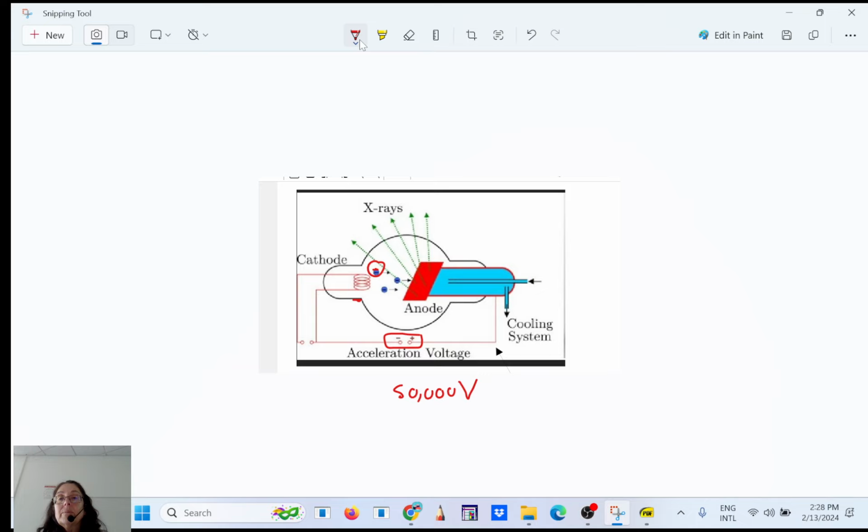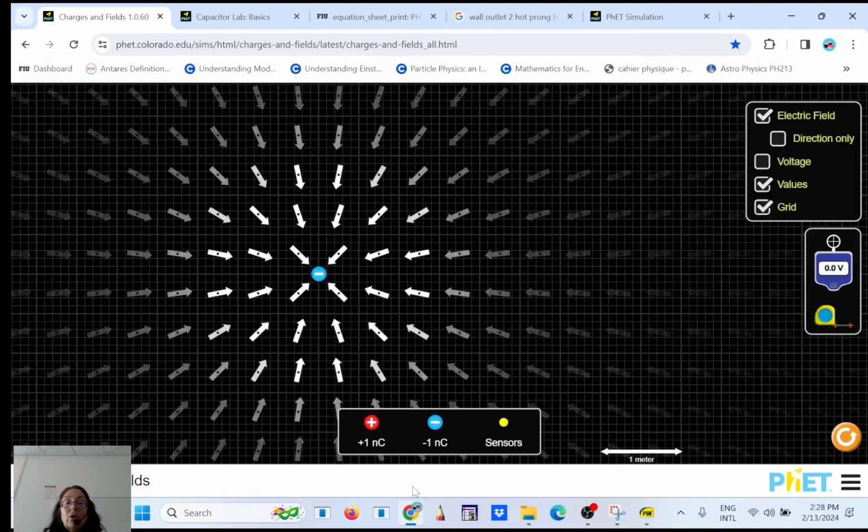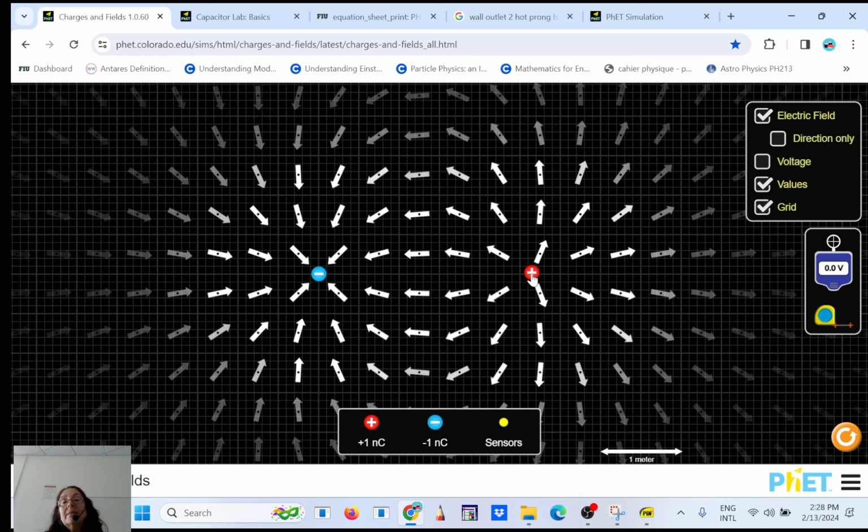So where is the electric field? Does it go to the right or to the left? This is plus here, this is minus. So an electric field always goes from... let's put a plus and a minus here.